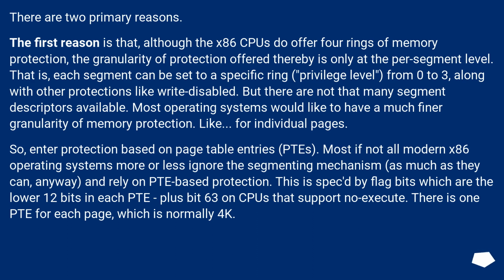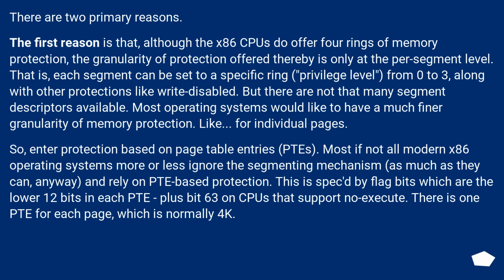Most if not all modern x86 operating systems more or less ignore the segmenting mechanism, as much as they can, and rely on page-based protection. This is specified by flag bits, which are the lower 12 bits in each page table entry, plus bit 63 on CPUs that support no-execute.